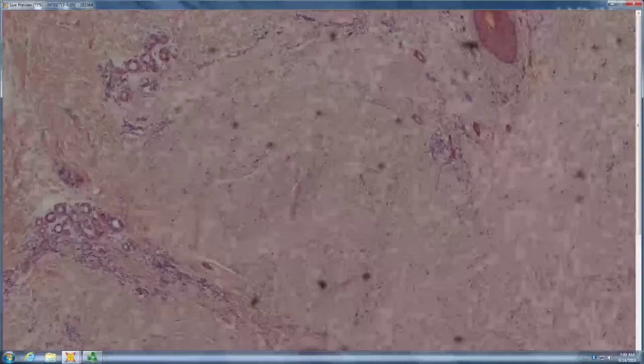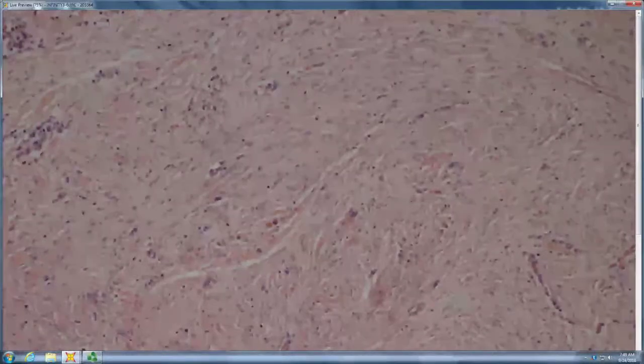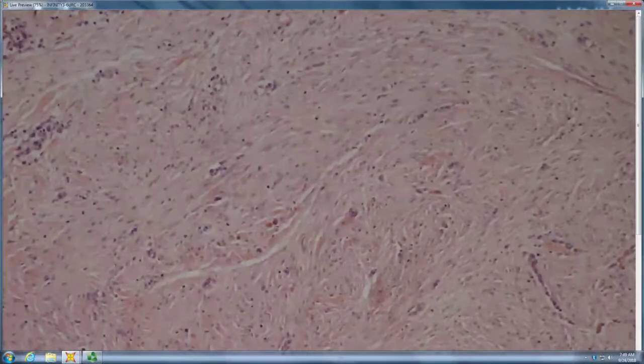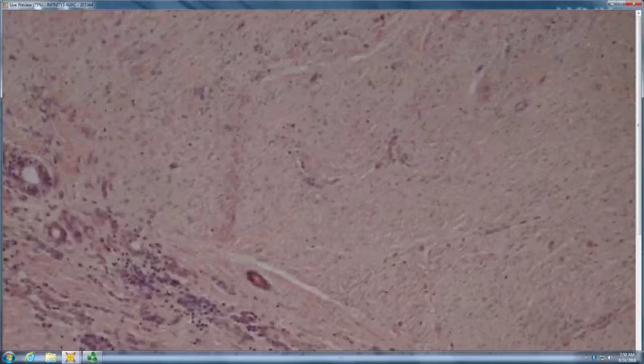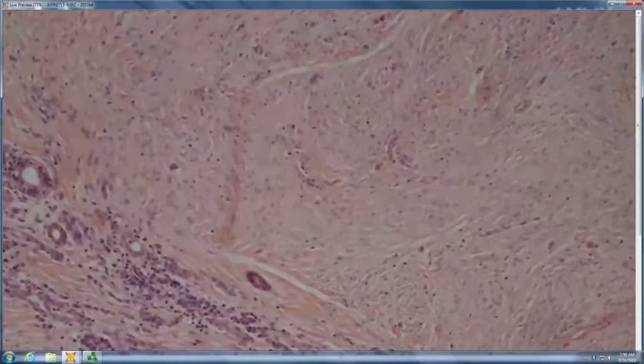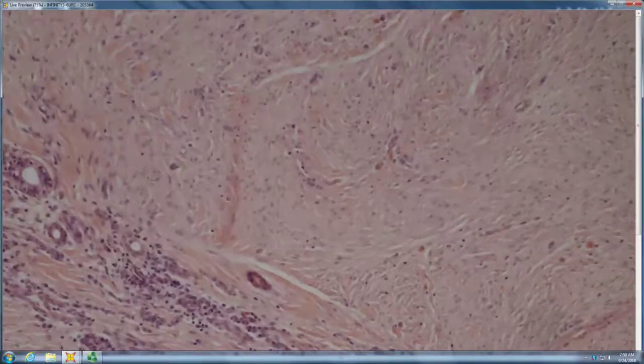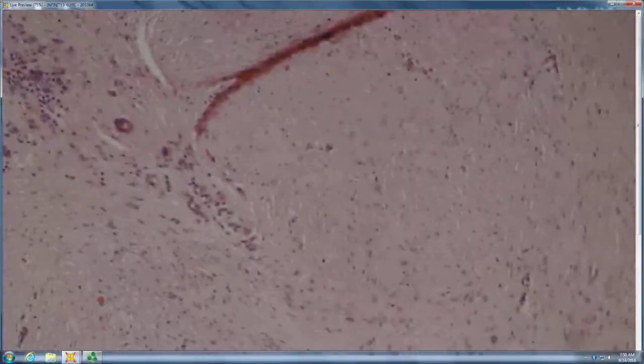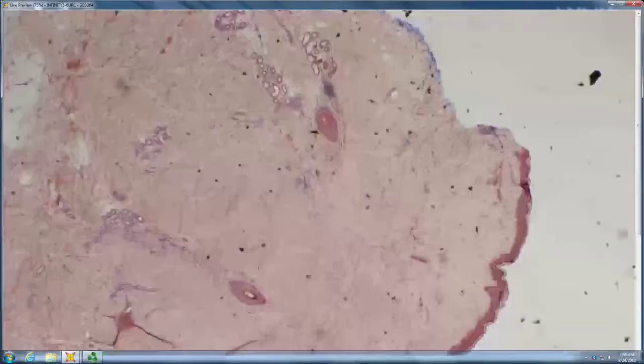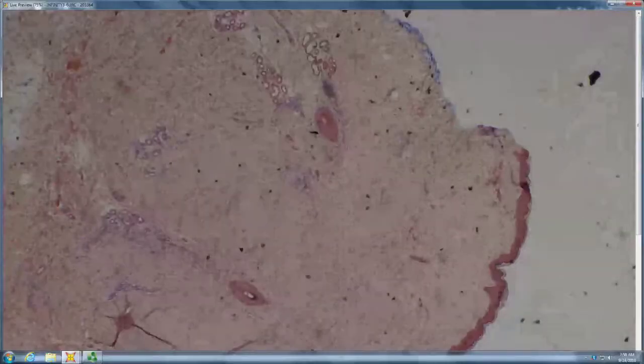Punch biopsy. There are some mild inflammatory cells tracking down the hair follicle. Big picture view here.